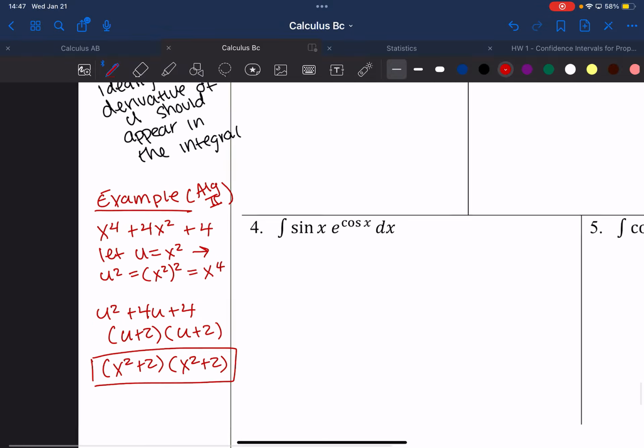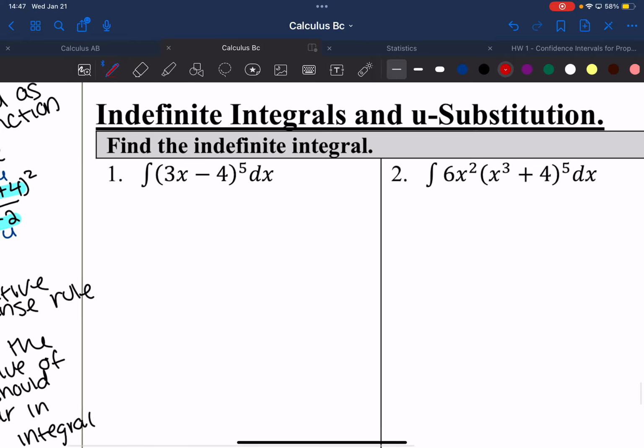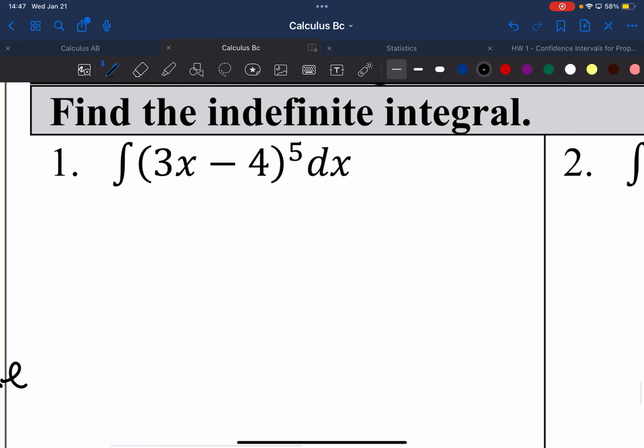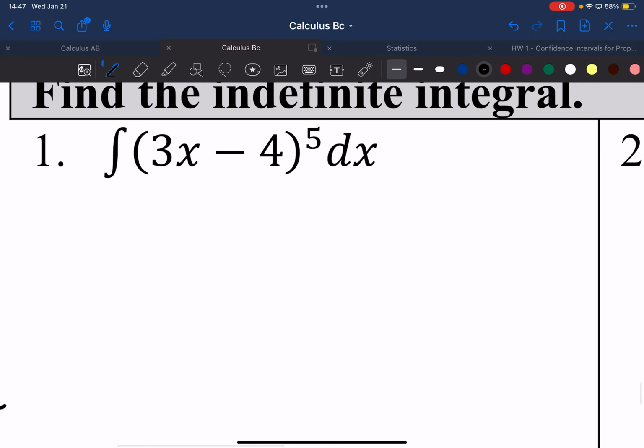Okay, so looking at number 1, we have the integral of 3x minus 4 to the 5th power dx. We could use the first rule, which is the inside function rule, and let u equal what? 3x minus 4. So we're letting u equal that inside function.